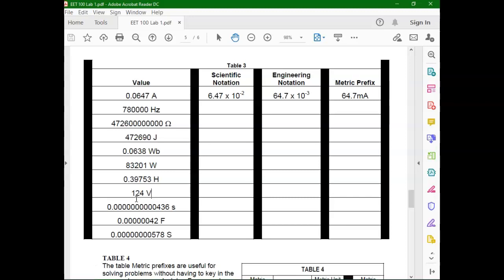That doesn't work either. You have to have it as only 3 numbers, not 6. So what this would end up being is just 124, and it's 124 volts. That's all it is. Does that make sense?